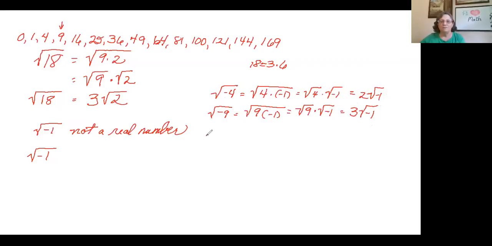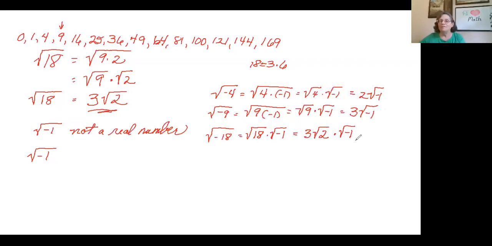The 18 that we referred to before, if that had been a -18, then that would be the square root of 18 times the square root of -1. And we already determined over here that the square root of 18 can be written as 3 times the square root of 2. And this one would be times the square root of -1.